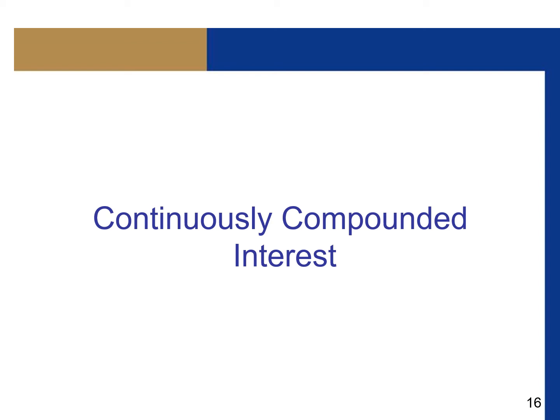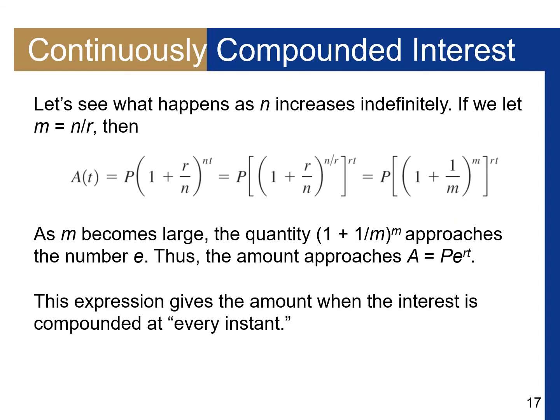Now we can also use this for compound interest. So we have A of t equals P times the quantity 1 plus r over n, all to the nt. And we're going to take a look at this breakdown. As n becomes larger, the quantity approaches the number e.